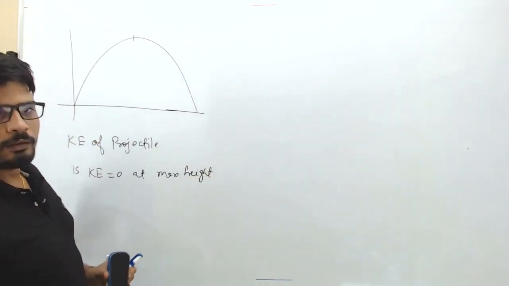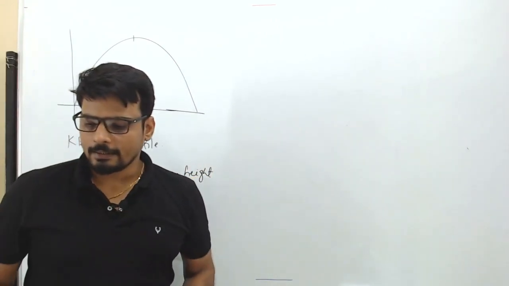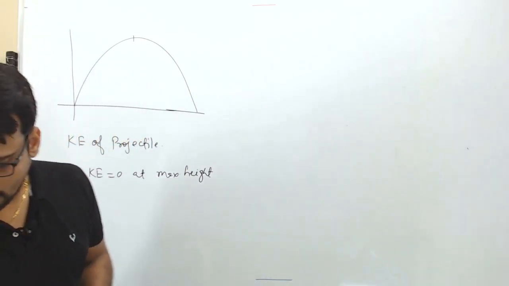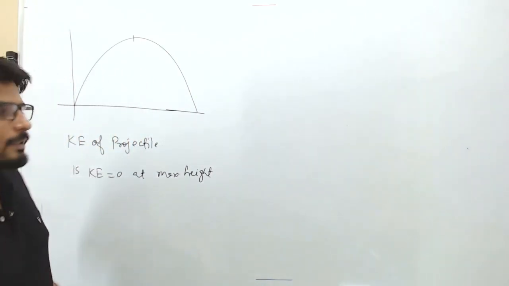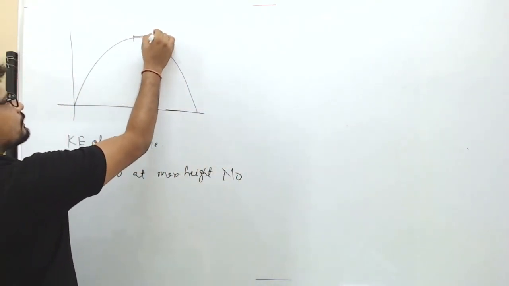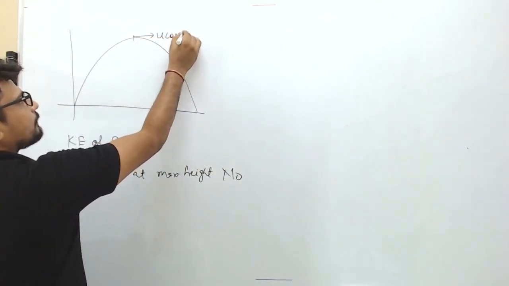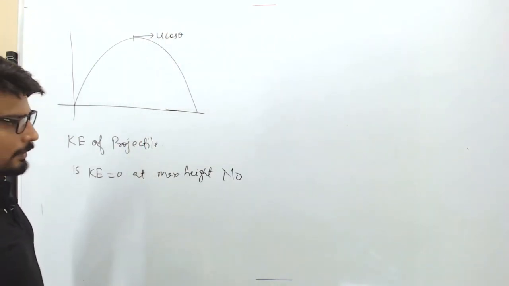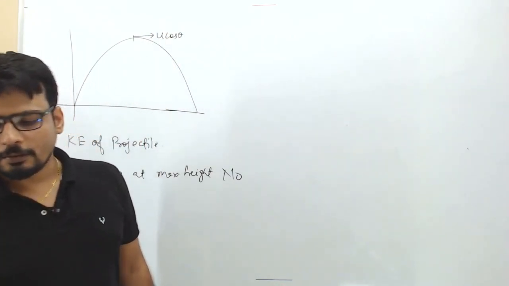Yes or no? At the topmost position, does the kinetic energy become 0? Answer is no. The reason being, at the top point also it will be having some velocity, that is going to be u cos theta, right?